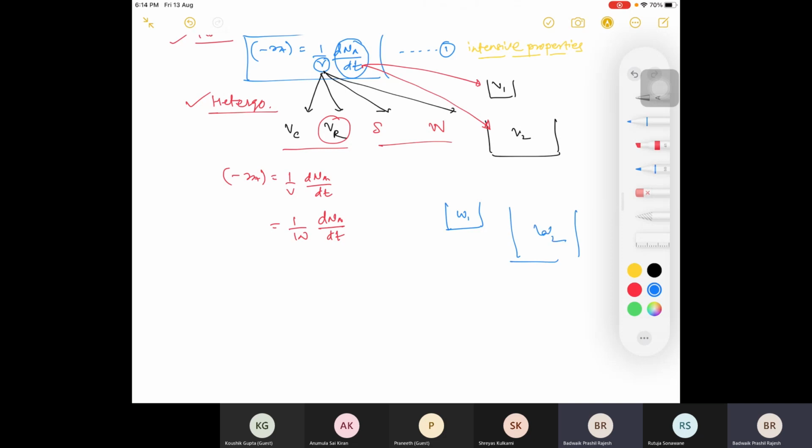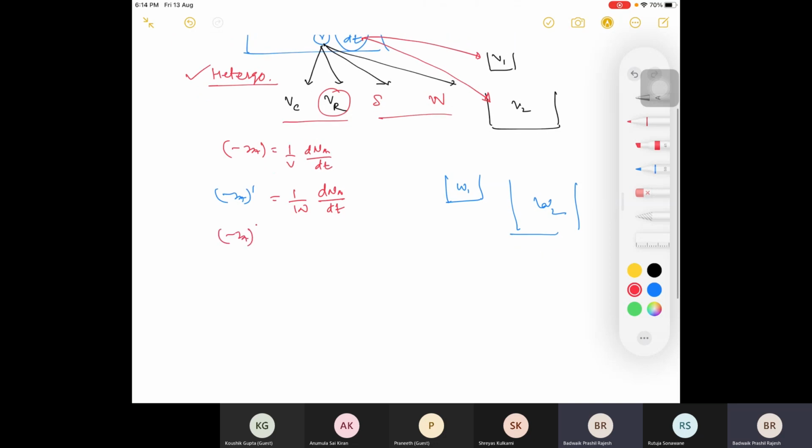Obviously, if I put more catalyst, then the time required for conversion will be lower as compared to W1. So if I change the weight, there will be a corresponding change in rate, right? In order to make it an intensive property, I am just dividing by weight so that it will be the same in both the reactors.